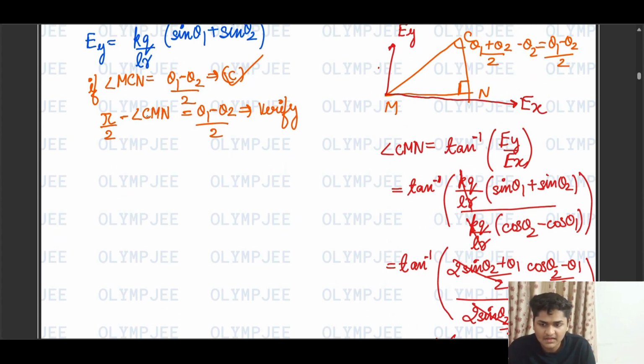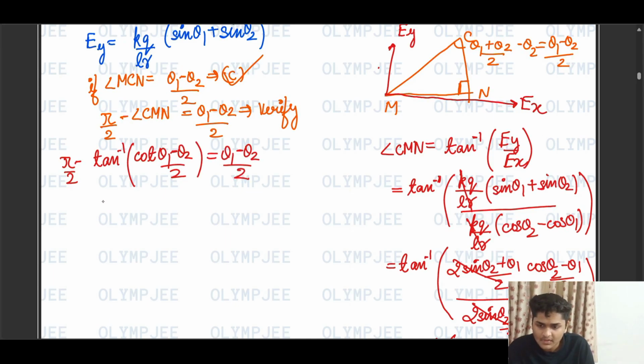So let us verify here that pi by 2 minus tan inverse cot theta 1 minus theta 2 by 2 is equal to theta 1 minus theta 2 by 2. Now cot theta is also written as tan pi by 2 minus theta.